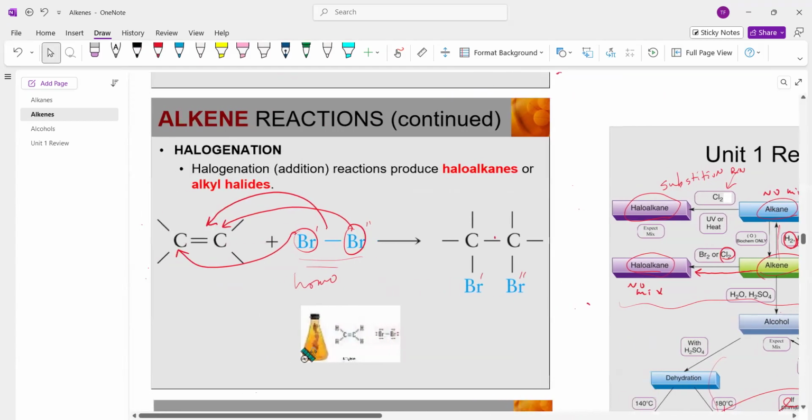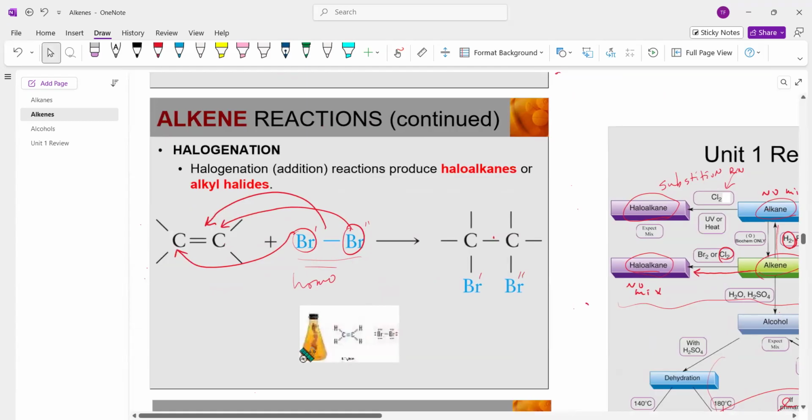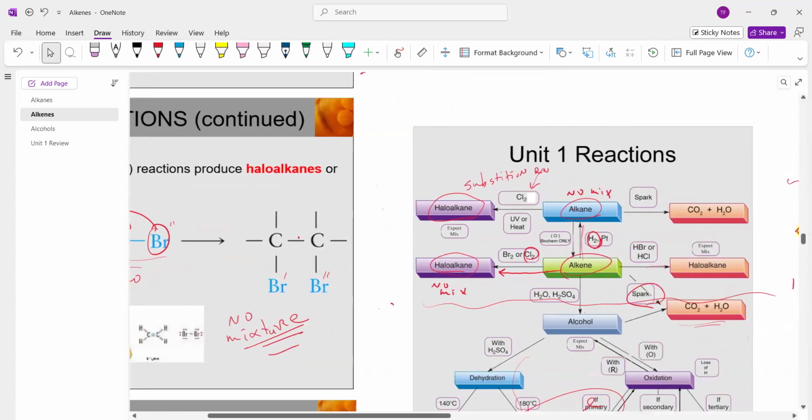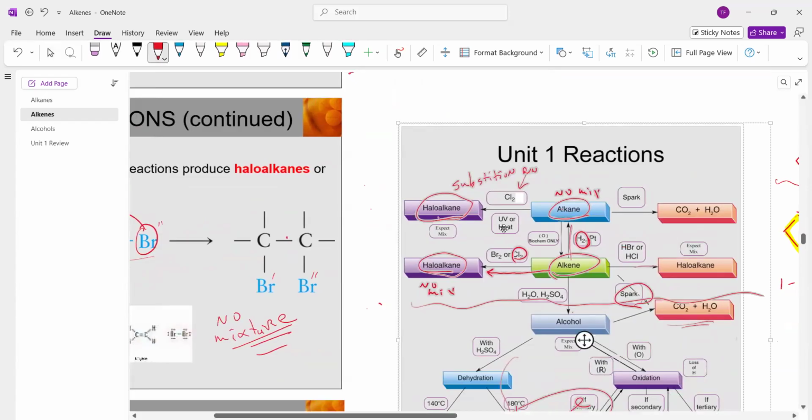The important thing here is that there's no mixture. And that's what makes these simpler than the heterogeneous additions. So this is where we are right here.